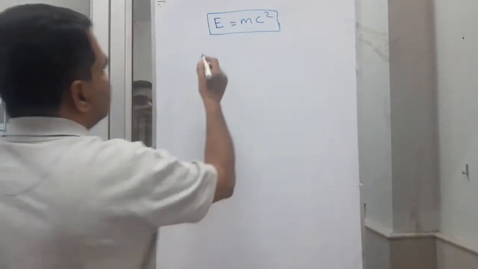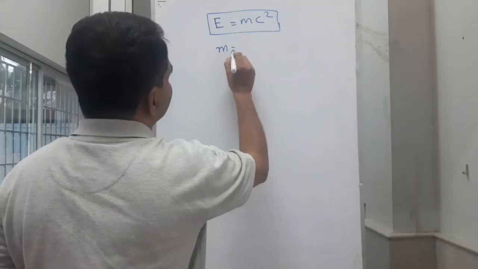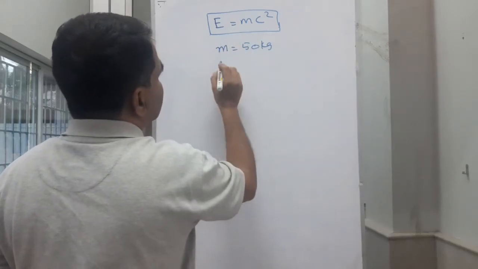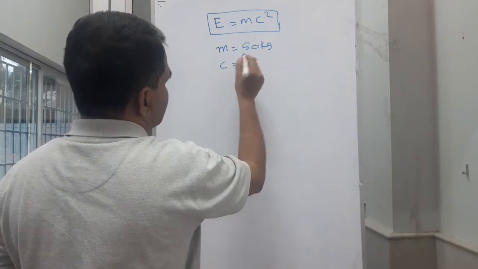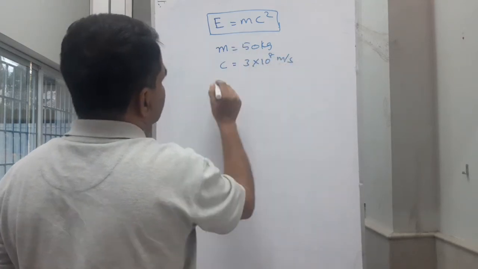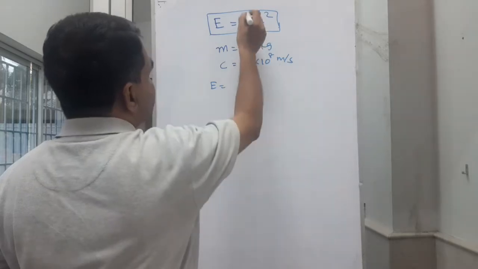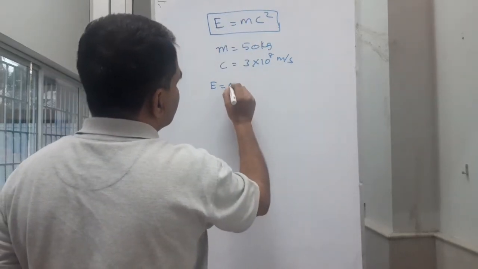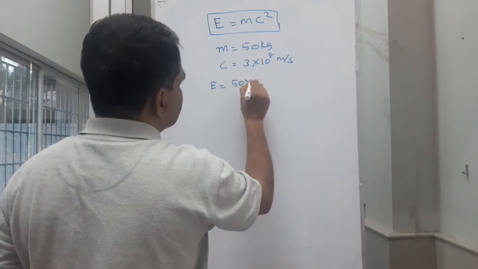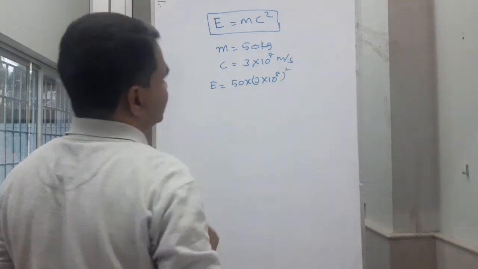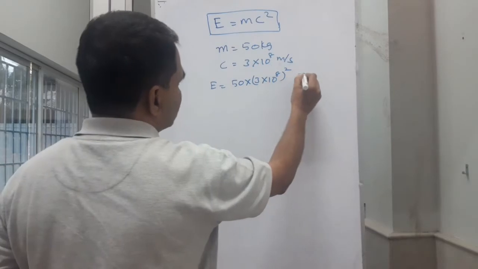Let's do this. If M is equal to 50 kg and C is 3 into 10 to the power 8 meter per second, then energy, by converting this mass completely into energy, is M is 50, C is 3 into 10 to the power 8, the whole square. So many joules now.